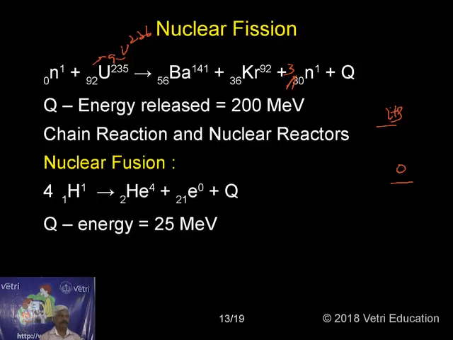Where it is possible to control the chain reaction, that place is called a nuclear reactor. A nuclear reactor is one in which the chain reaction may be controlled. With this controlled chain reaction, the limited energy may be utilized for constructive purposes. We know Bhabha Atomic Research Centre, Homi Bhabha, a close friend of Jawaharlal Nehru, laid the foundation, where the first reactor was launched.